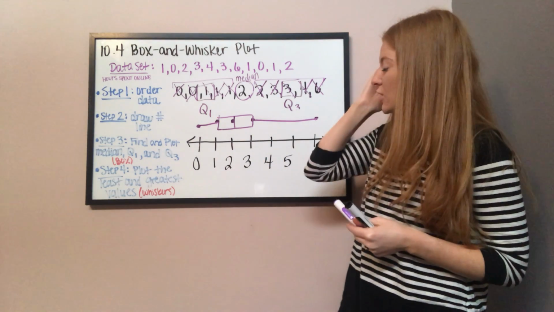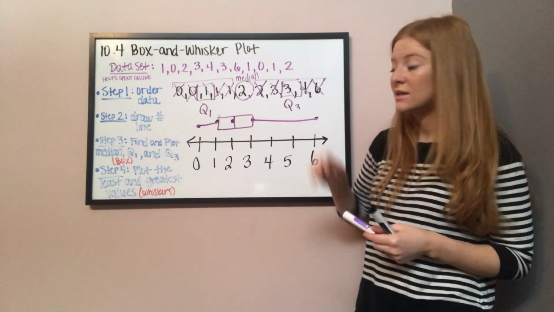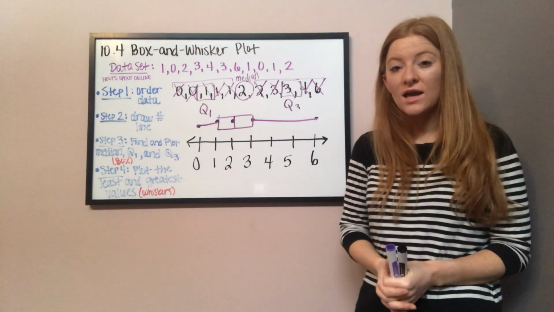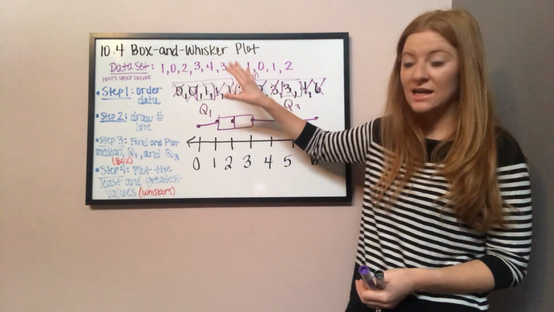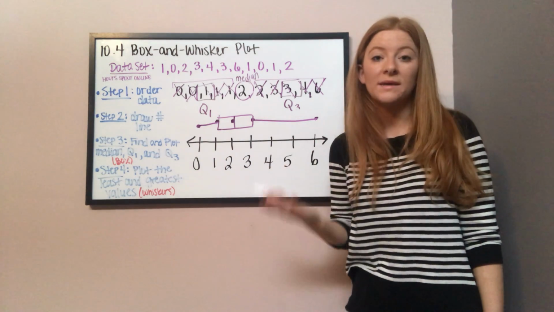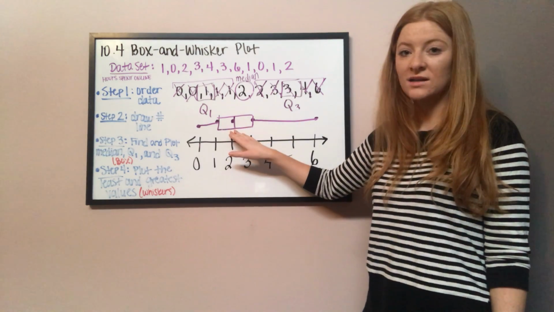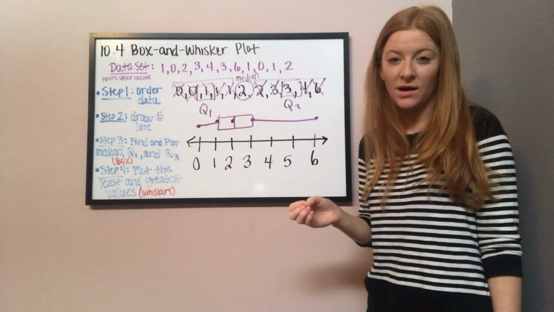So this is a nice way to visualize your data. You sometimes may be asked to read a box and whisker plot, so you would be able to say, without even being given a data set, if you just saw this box and I asked you where your median was, all you would do is your eyes would go to the box and look for that dropped line in the center of your box.